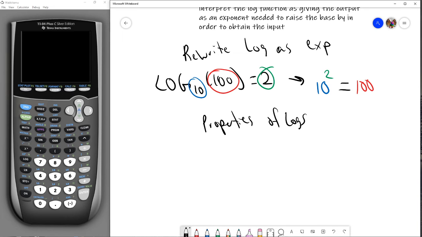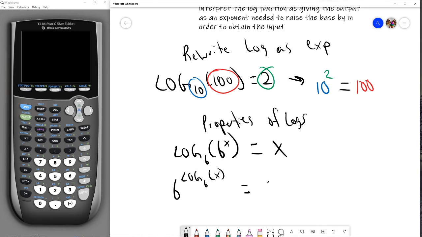So if we have log base b of an exponential, so notice the base of the log and the base of the exponent of the exponential function, they are the same. So if you plug an exponential of the same base into the log, what you will get out is just x. Similarly, if you have b to the log base b of x, you will just get out x.